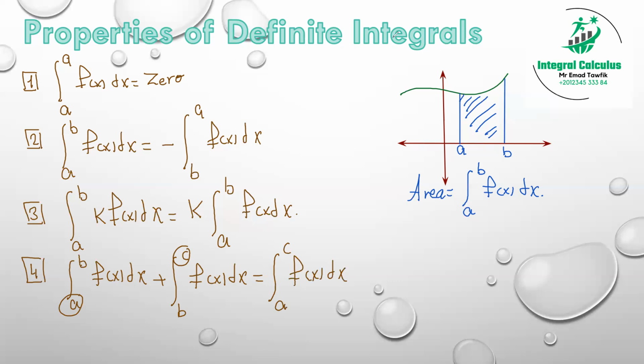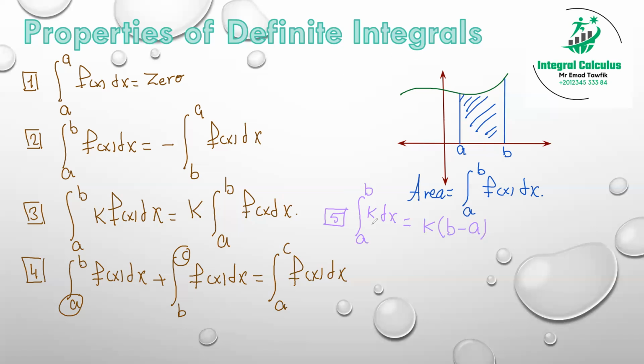For number five, if I ask you to calculate the integration from a to b of a constant k dx, your answer is k multiplied by b minus a.